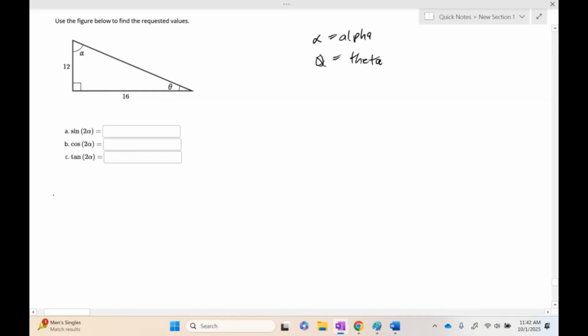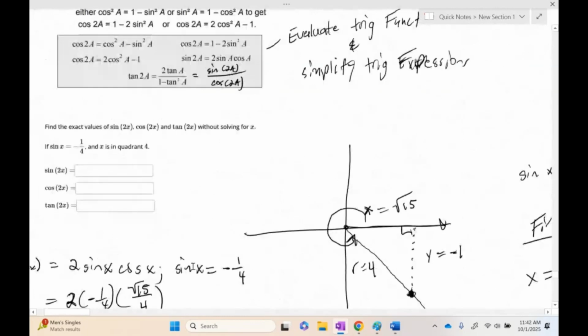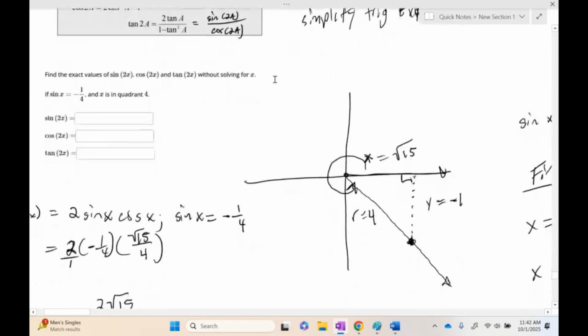First thing I'm going to do is find the double angle for 2 alpha. So the sine of 2 alpha equals 2 times the sine of alpha, and I'm changing my variables, times the cosine of alpha.